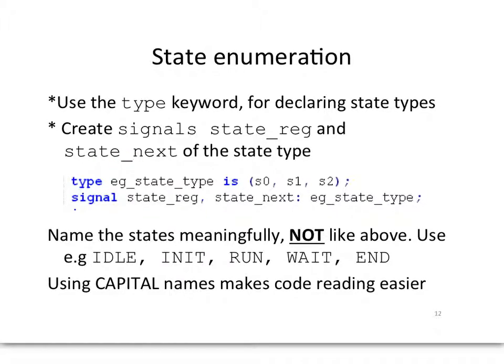These two state signals are based upon our state enumeration. State enumeration is created by writing type and then the name of the state type we want here, and then here is one of the few very bad examples in this book. The naming of states, they use small letters and they call them something as non-informative as S0, 1 and 2.